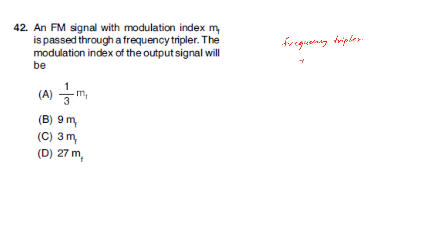If input voltage is Vin, then output will be 3 times Vin. And also it is given that FM signal, that means here frequency is modulated with modulation index mf. Therefore, the modulation index of output signal will be 3 into mf. Option C is correct.